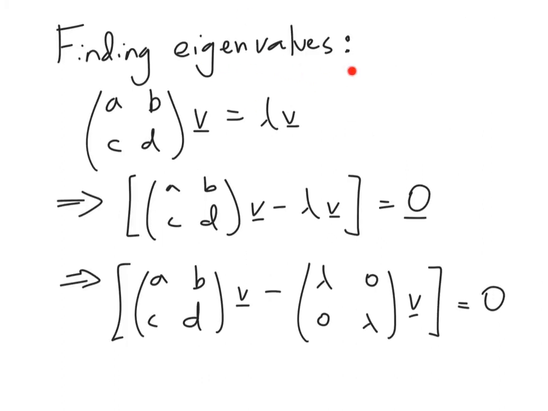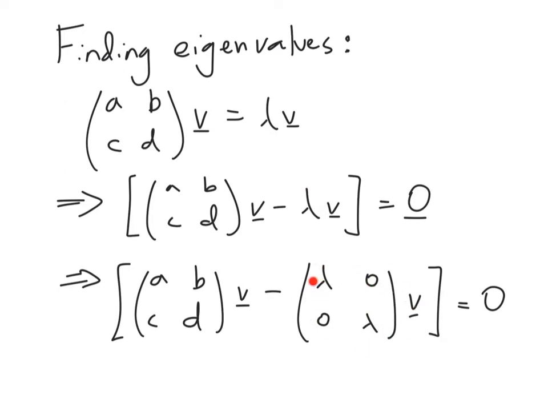How do we find eigenvalues? Well, we've just given this definition for what they are, and now I'm going to bring the lambda v to the other side of the equation, so the matrix times v minus lambda times v is equal to the zero vector, which is 0, 0. And actually, a constant times v is the same as the identity matrix times v.